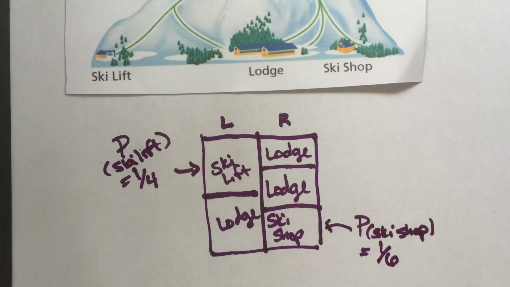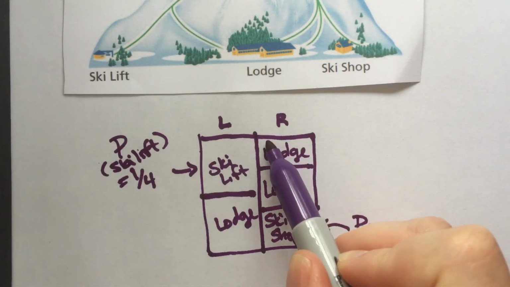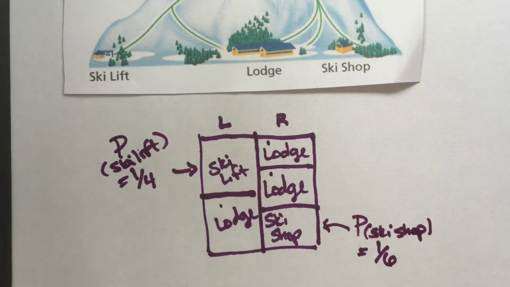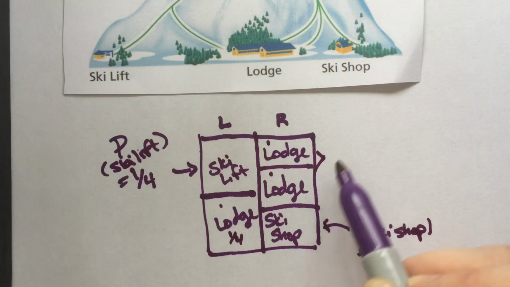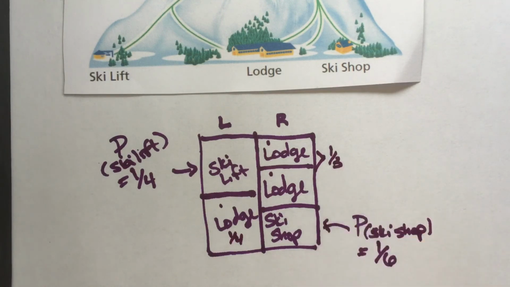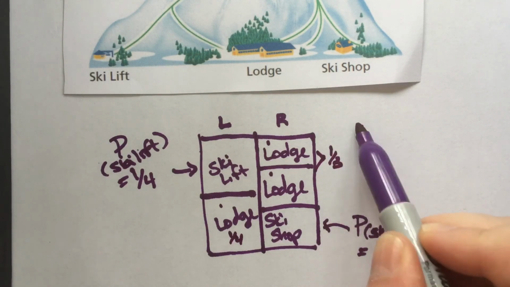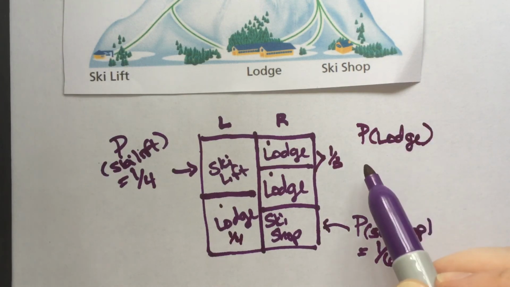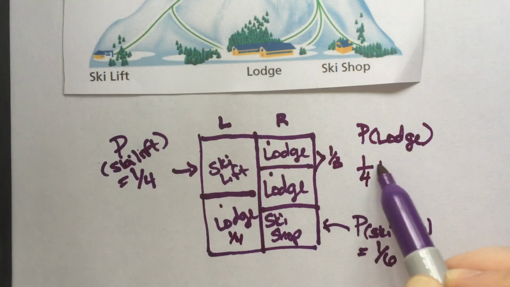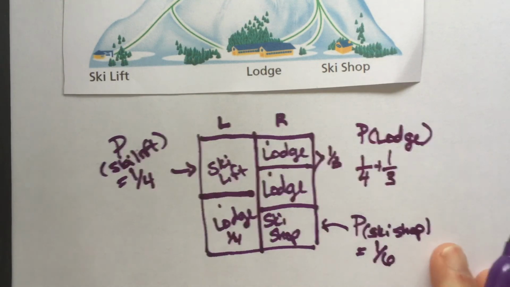Now the ski lodge, I would have to add up the area of all of these pieces. Well, this one's 1/4, and these 2 are each 1/6. Add that together and that's 1/3. So the probability of ending up at the lodge would be 1/4 plus 1/3.